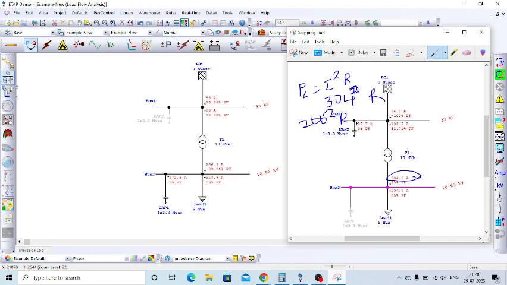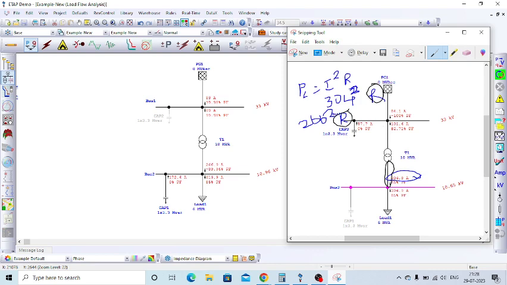In both cases R remains constant. That is the impedance in this line. The resistance alone will be giving the real power losses.